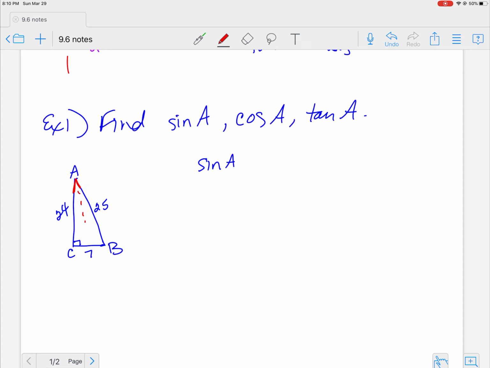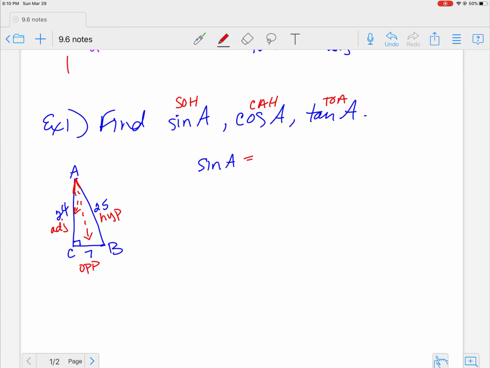If I'm looking at sine of A, that's this angle up here. Across from A is the opposite, next to A is my adjacent, and of course the hypotenuse is always the hypotenuse.